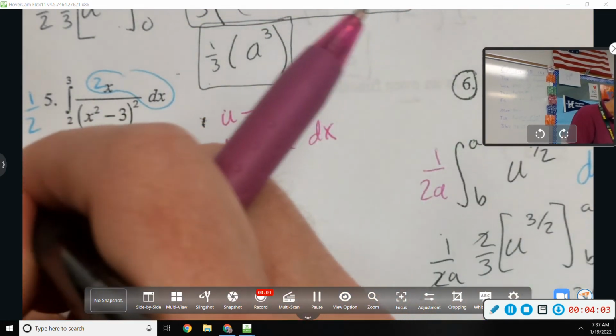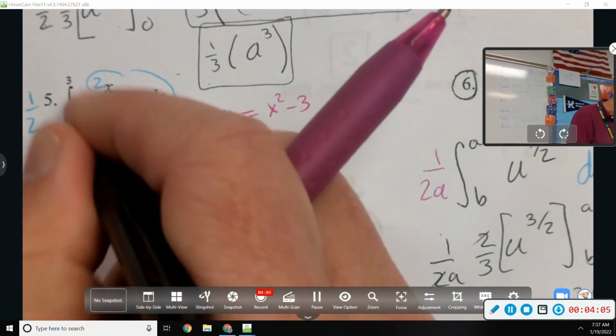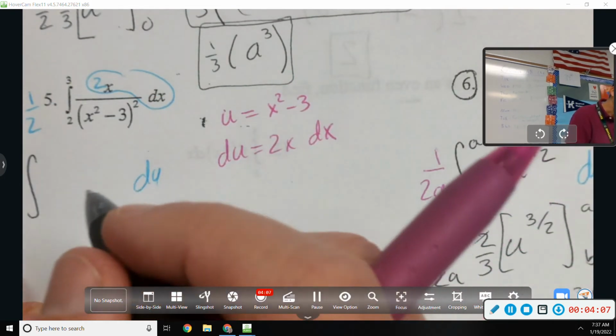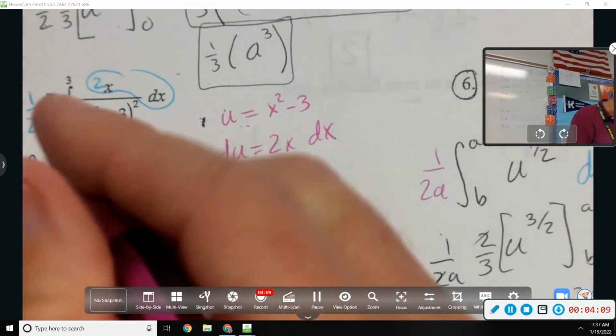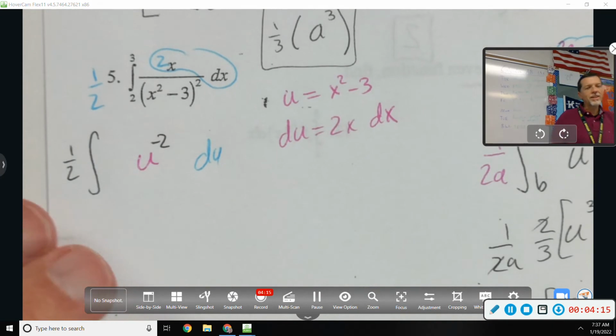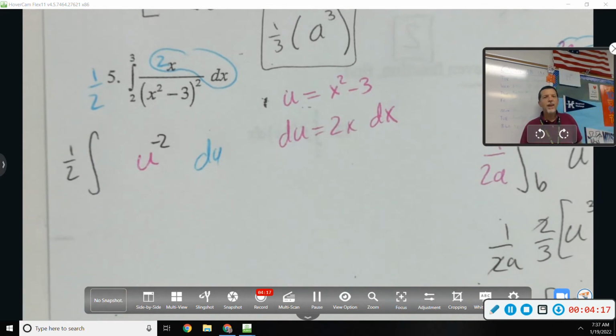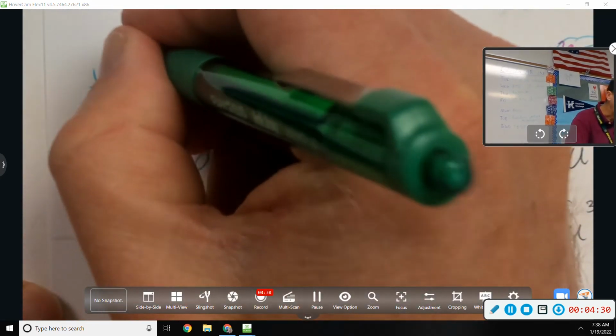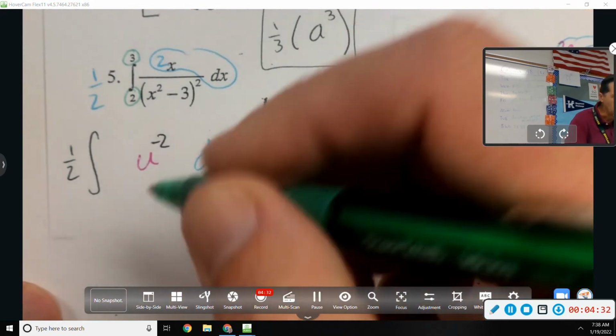So 1/2 integral, leave the limits alone for now, and I'm going to rewrite that denominator as u to the negative 2. So I'm much more likely to integrate that correctly as u to the negative 2 than if it just said 1 over u squared. Okay, increase the power by, whoops, let's do the limits. I guess you don't have to do the limits; you could integrate and then fix the limits.